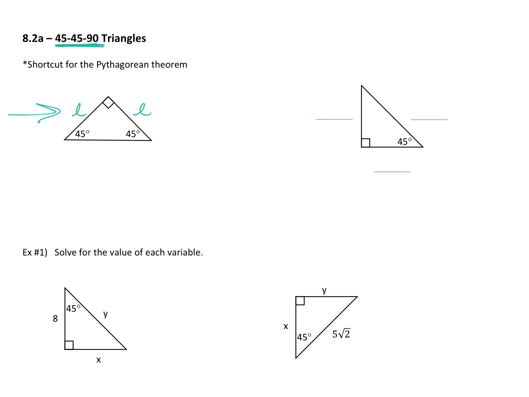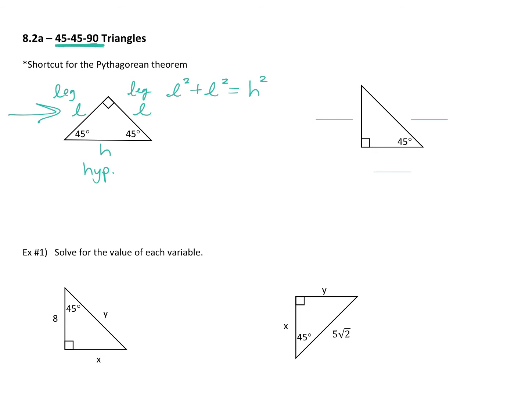If I call those both L and I call this H, the Pythagorean theorem, because this is a right triangle, still says L squared plus L squared will equal H squared, right? This is a leg, and a hypotenuse. Okay, so L and H is what I'm using for today.